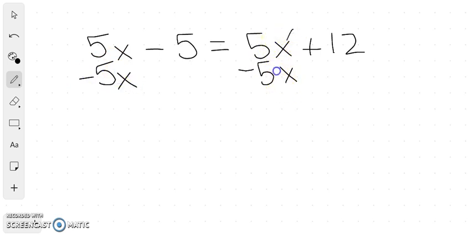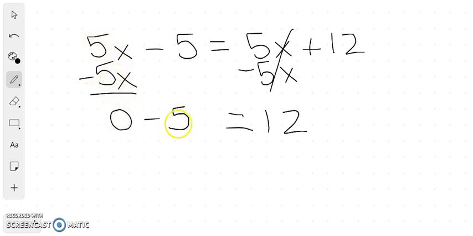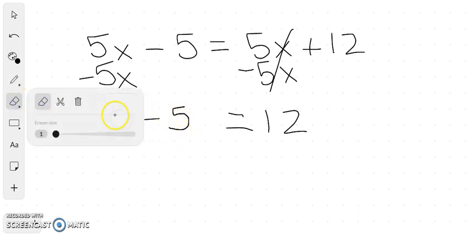We know 5x minus 5x cancels, leaving the 12 behind. And over here, 5x minus 5x can also cancel. 5x minus 5x is 0, but we don't need to write 0 in. 0 minus 5 is still negative 5.